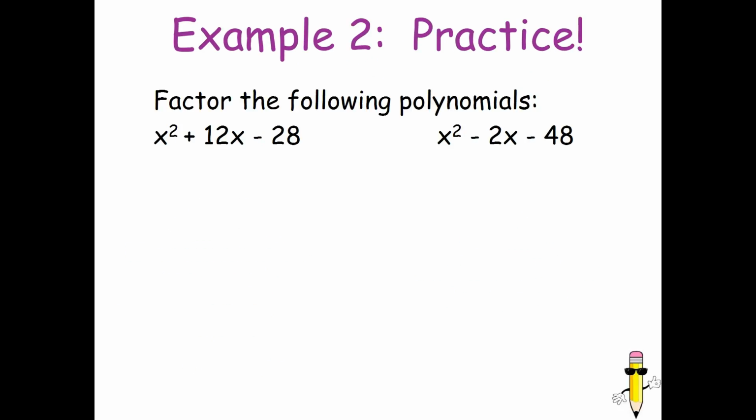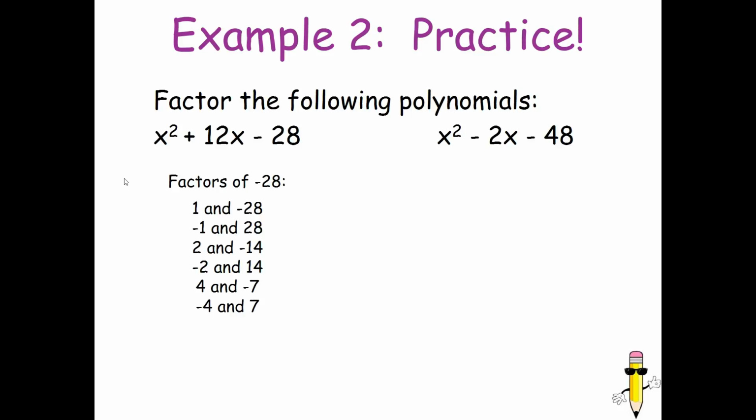So practice 2, we are going to go ahead and work with the following polynomials. We're looking for numbers that if multiplied together give me negative 28, but added together give me 12. So let's figure this out. Let's see, factor negative 28. Here are all my factors, and I want you to notice that some of these are written twice, but they're written twice because the signs are switching.